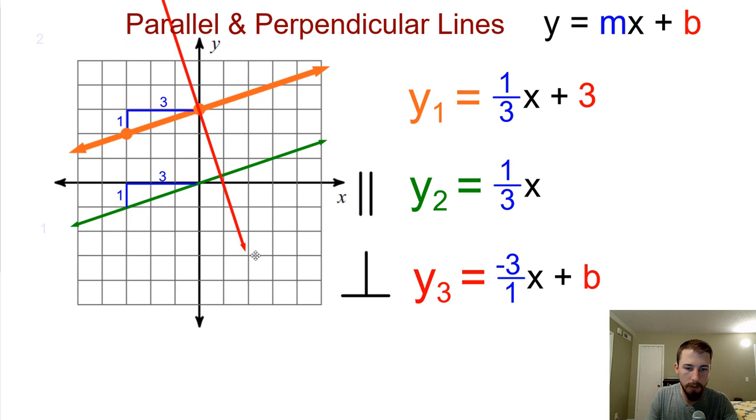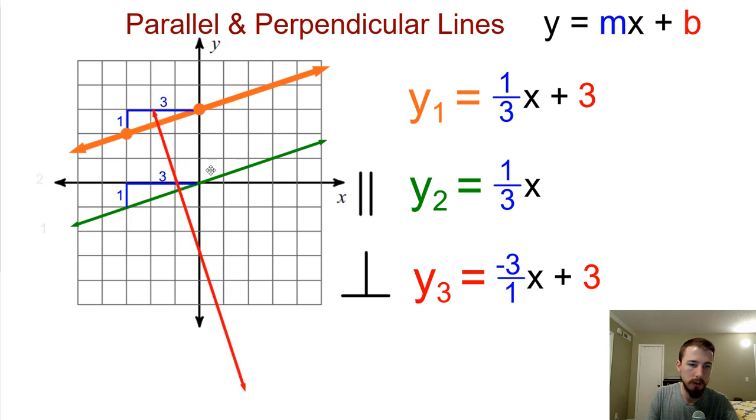Down 3 over 1. It doesn't matter where we put this. You could have it at the same intersection of +3 if you wanted to. That would work out just fine. They would intersect at right angles. You could also have it go at 0 or down here at -3.